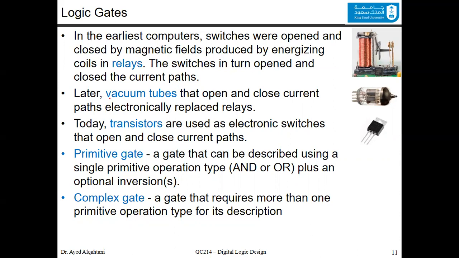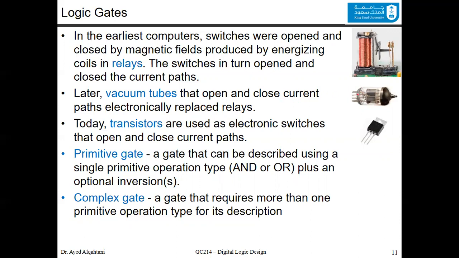Later, vacuum tubes, as you can see here in this picture, opened and closed the current path electronically, replacing the relay. You can see that the relay has a mechanical movement, but here it is completely electronic.